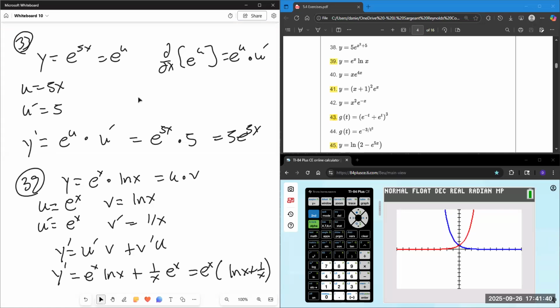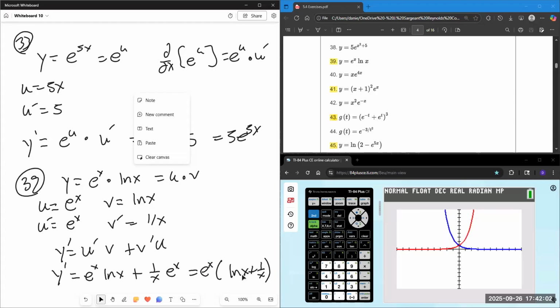And let's look now at number 41. The reason we like to factor out the exponential piece is when we are going to do the first derivative test or second derivative test or something like that. Remember that exponential piece can approach 0 but can't ever get there. So we don't really need to consider that piece when we're finding zeros of our first or second derivative.